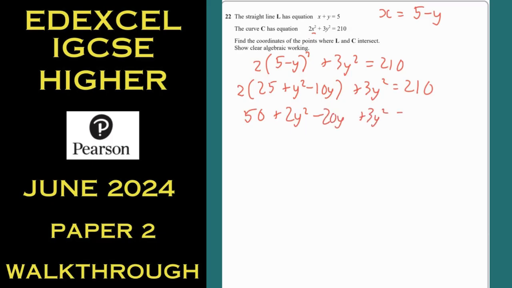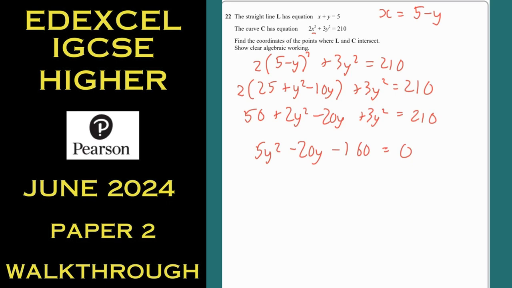And now we need to form our quadratic. So let's bring the 5y squared to the front. The y's, there's only one term, so that stays as minus 20. Numerically, 50 minus 210 gives us negative 160 on the end.